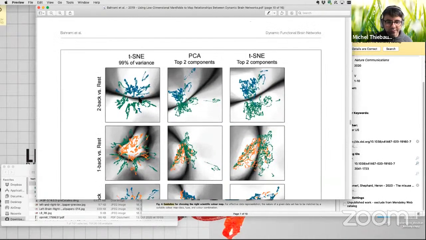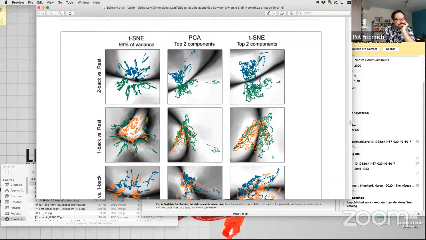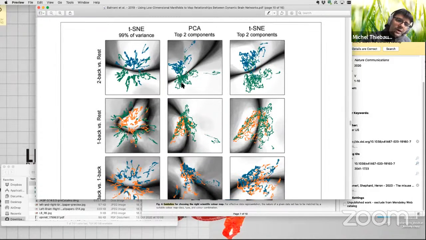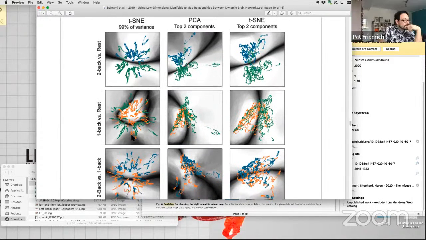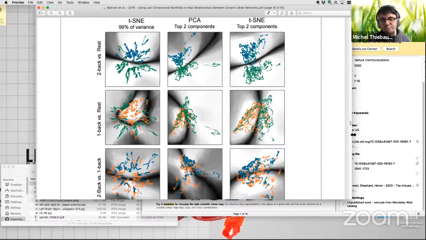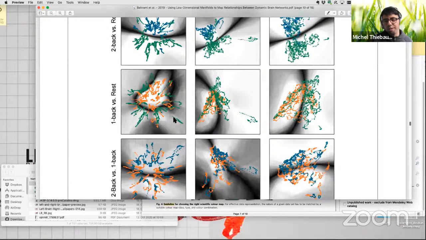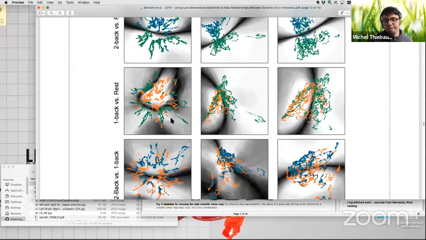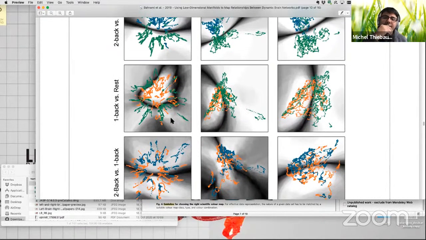So you mean this is better segregated than this? I mean, if you compare one back versus rest. Look, it looks like the orange is not mixed with the green for t-SNE, and the orange is mixed with the green with PCA. And despite this, PCA is better at separating the two. I was wondering whether, because I don't know.